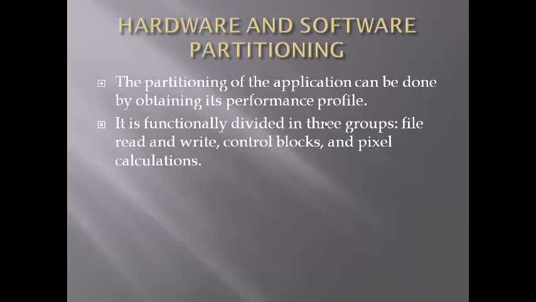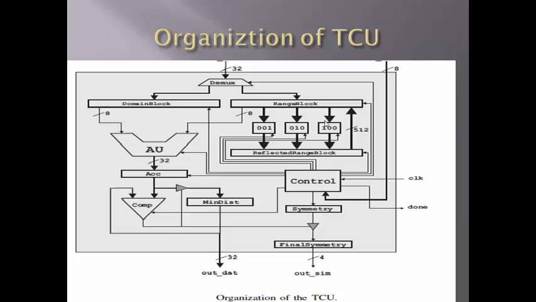This involves analyzing the program to detect how its execution time is distributed between its functions and procedures. With this, we can see which parts of the application are used most often or are the most time costly, and therefore we can determine the parts that could stay in software and the parts that could be implemented in hardware.